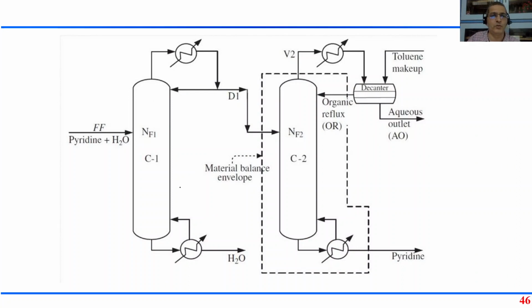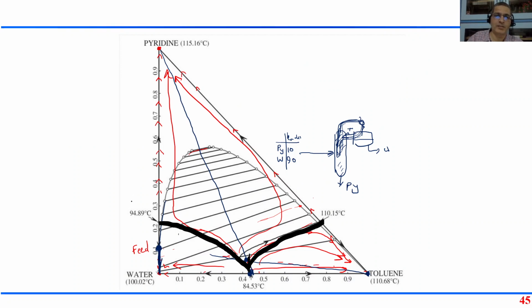Right. Another way is to look at, okay, I could have a pre-concentrating column. So this is our azeotropic column. This is what I showed you here. But I can also have a pre-concentration column that enriches the mixture in more pyridine. I could go from here all the way up to the azeotrope, right? This is the azeotrope.